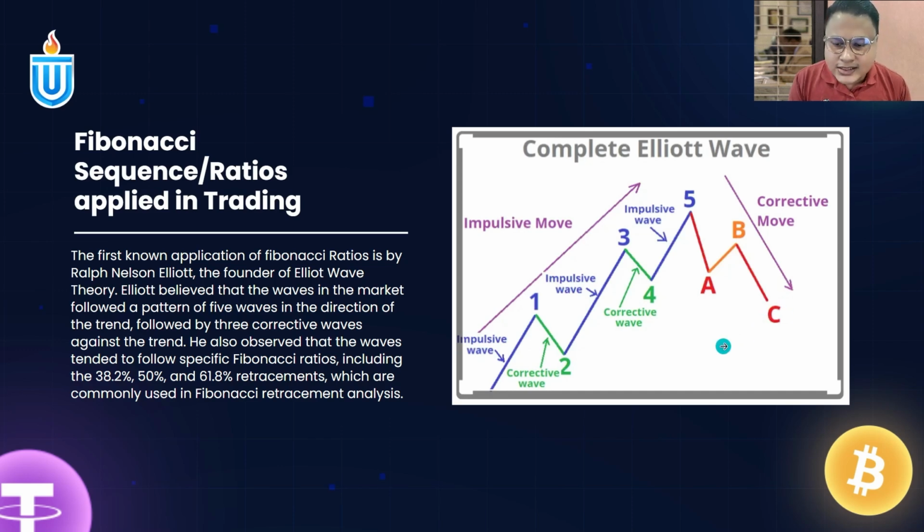So, sinasabi niya dito na na-observe niya yung waves tended to follow specific Fib ratios, or Fibonacci ratios, including the 38.2% or 0.382, 50% or 0.50, and 61.8% retracements, also known as the 0.618 retracements. So, ito yung commonly used na Fibonacci retracement, no? Nag-apply yan during corrective waves and such.